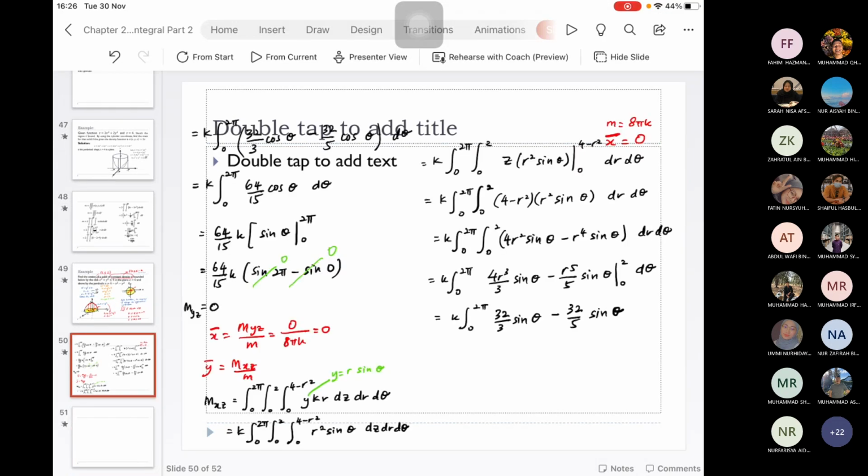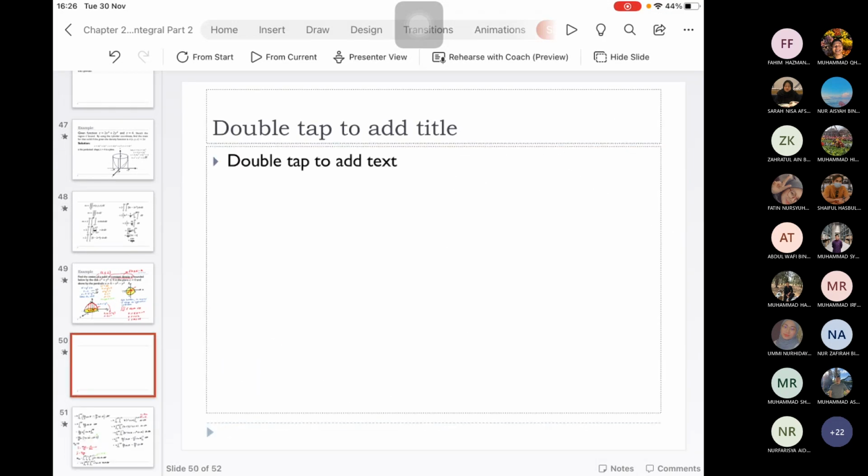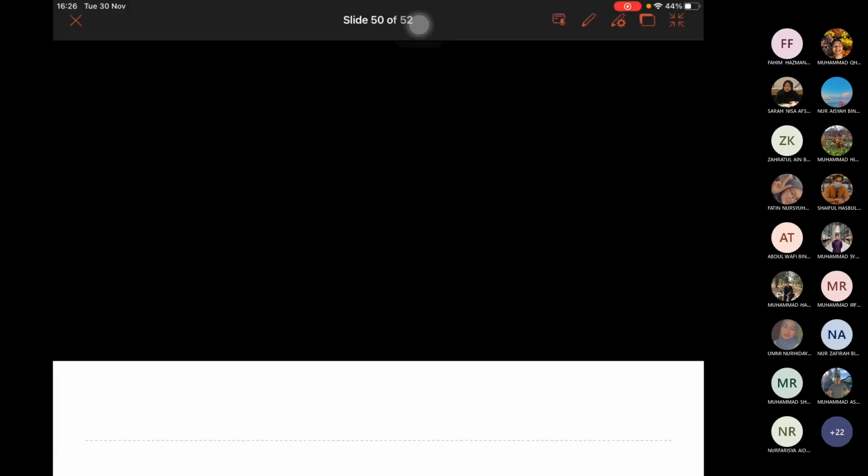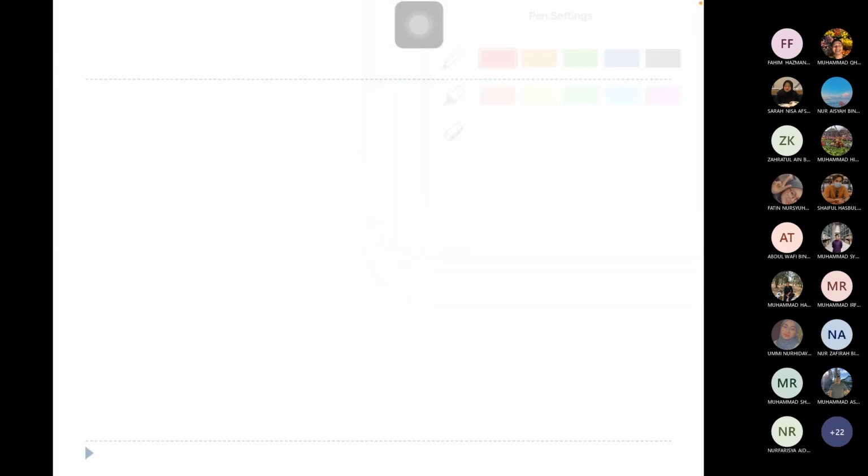So dah kira tadi kita dapat okay, M sama dengan 8 pi K. And then kita dapat x bar sama dengan 0, y bar sama dengan 0. So z bar sama dengan M of XY divided by the mass.